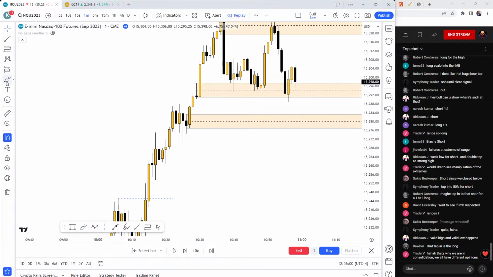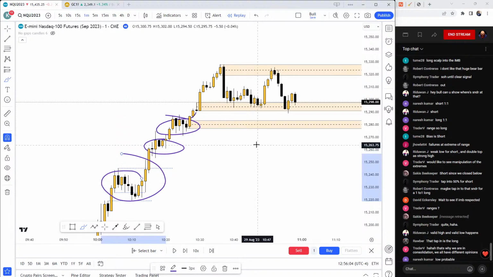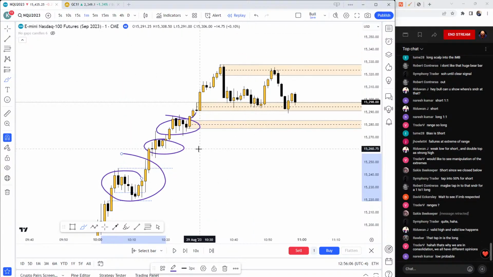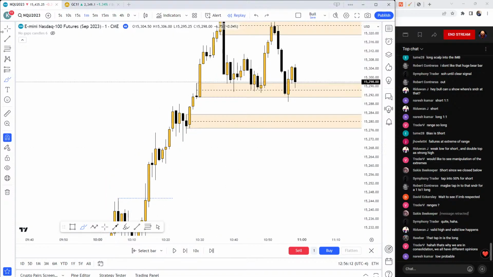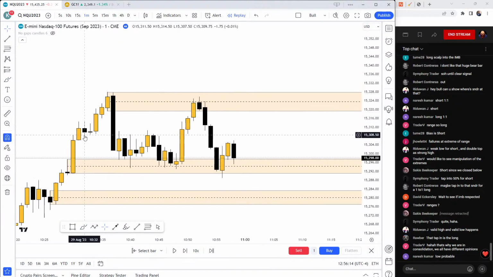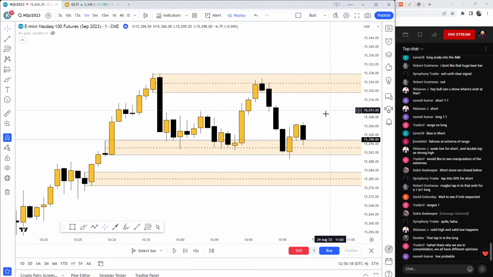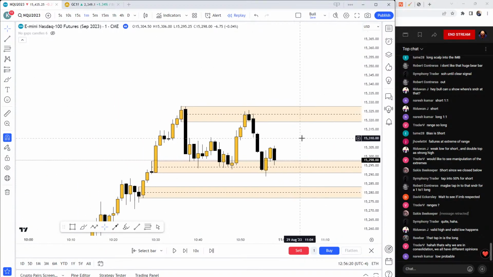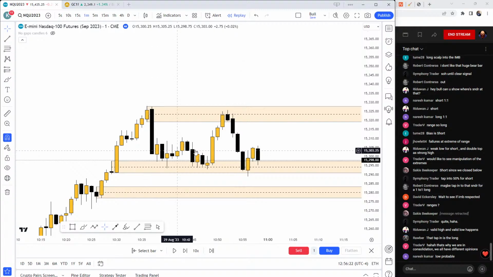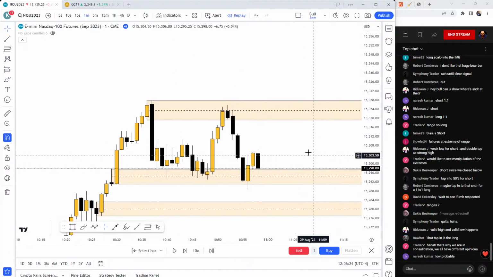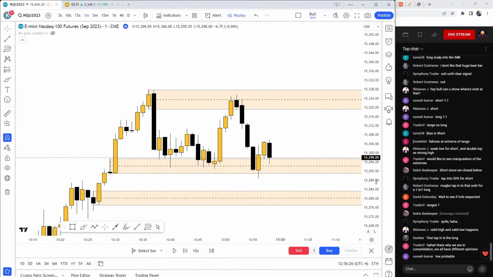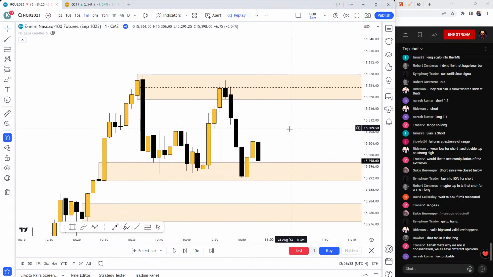Are you looking to be afraid when it comes close to the high to take profits? Probably not. You see a 26-point dagger that closed on its low. Makes you a little bit more cautious in your hard-earned money.